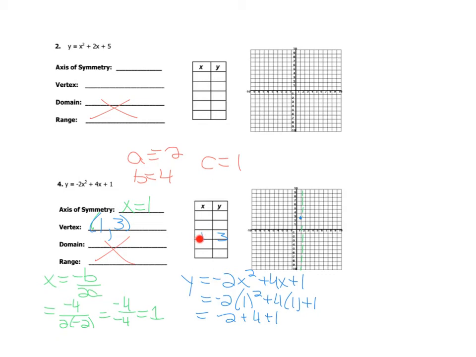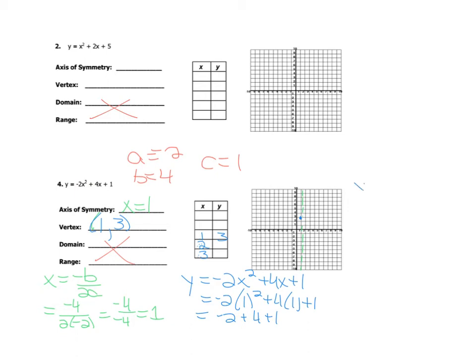Now, 1 is my vertex, so I need to choose two things on one side that I like. I like 0, but I also like positives. So I'm going to plug in a 2 and a 3, since they'll both be positive. I'm going to plug these two x values into the equation to find the y values.